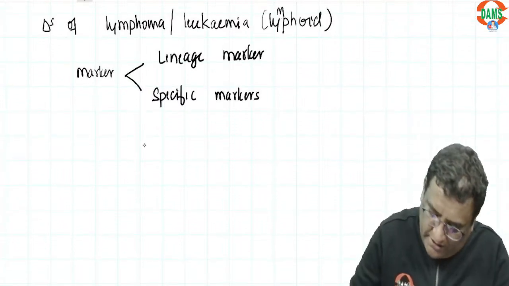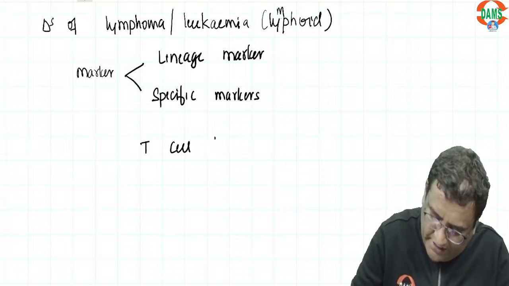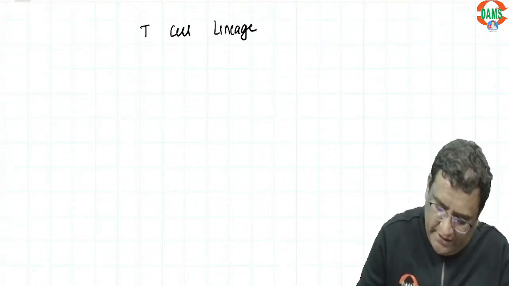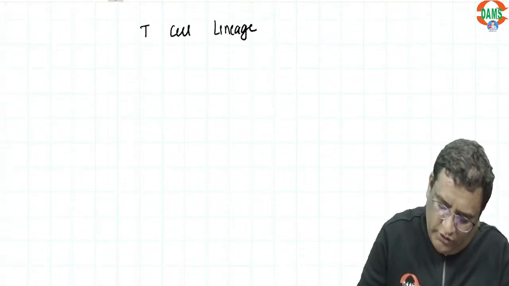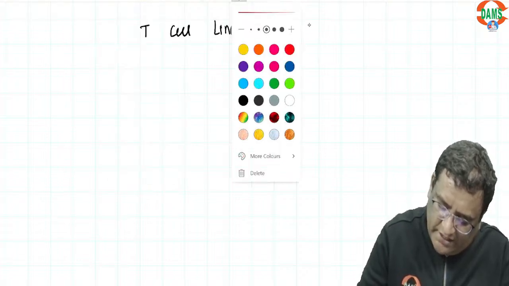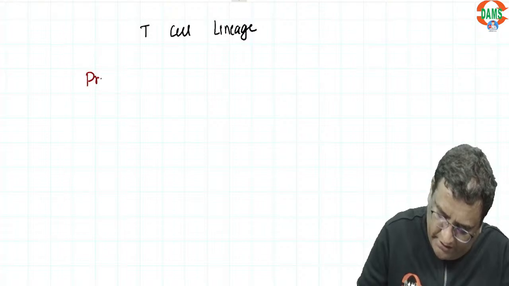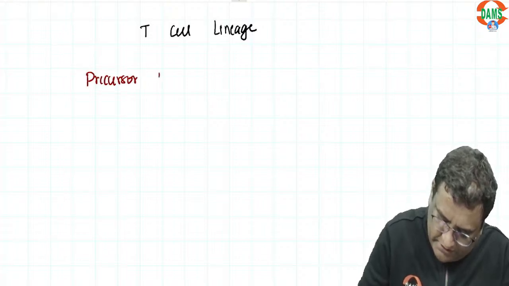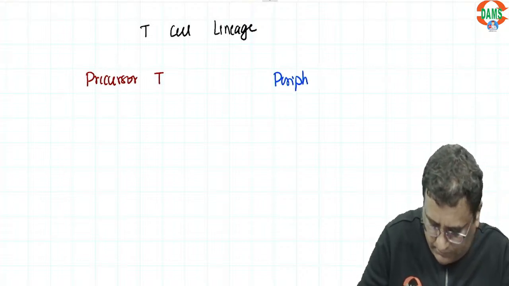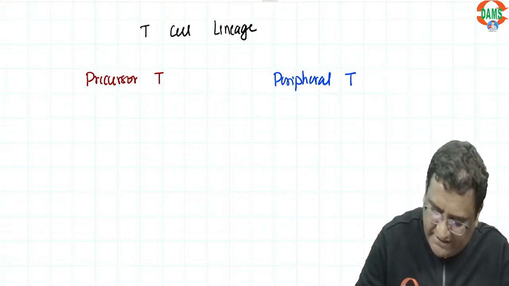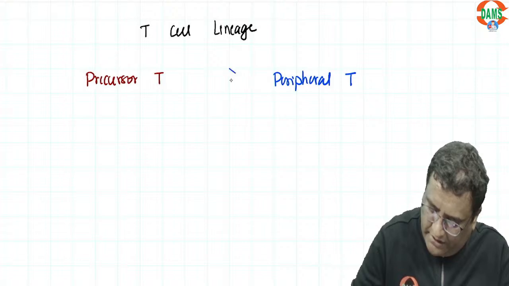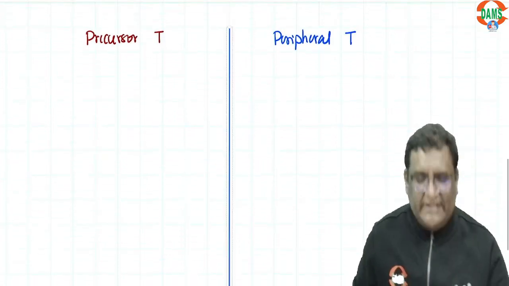For lineage markers, let me start with T cell lineage markers. In T cells, there are only two important types. What are those two? One is a precursor T cell, another is a peripheral T cell. So let us make one table to distinguish between the precursor T and the peripheral T cell.